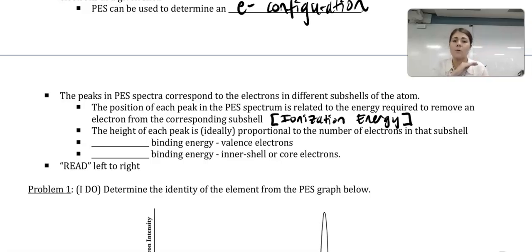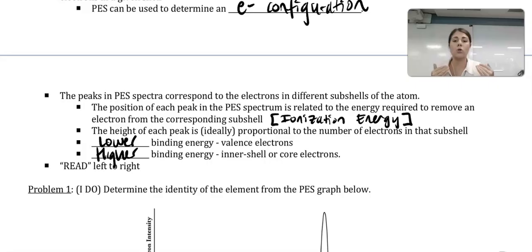When we talk about the x-axis, we're talking about ionization energy. So lower binding energies are going to be our valence electrons because they don't require as much energy. But higher binding energies are the inner shell or core electrons.